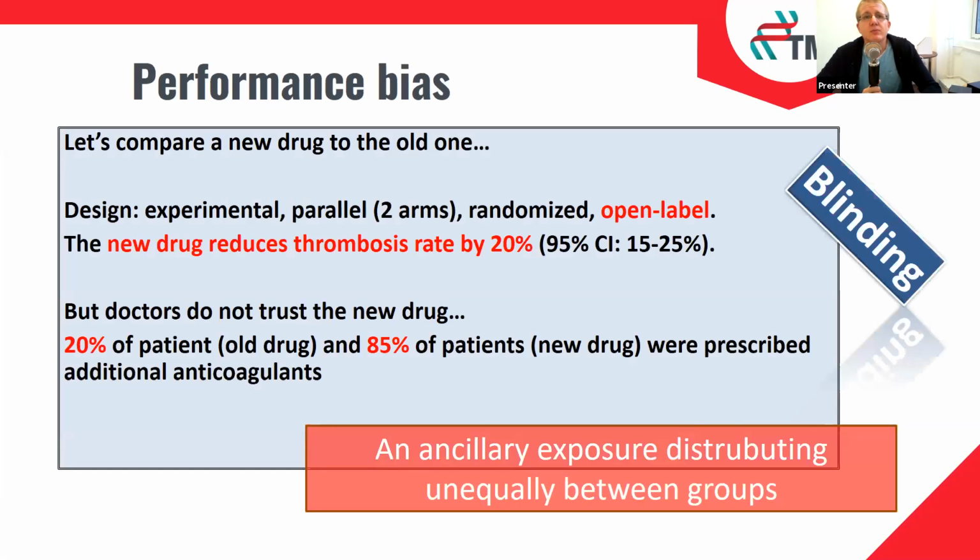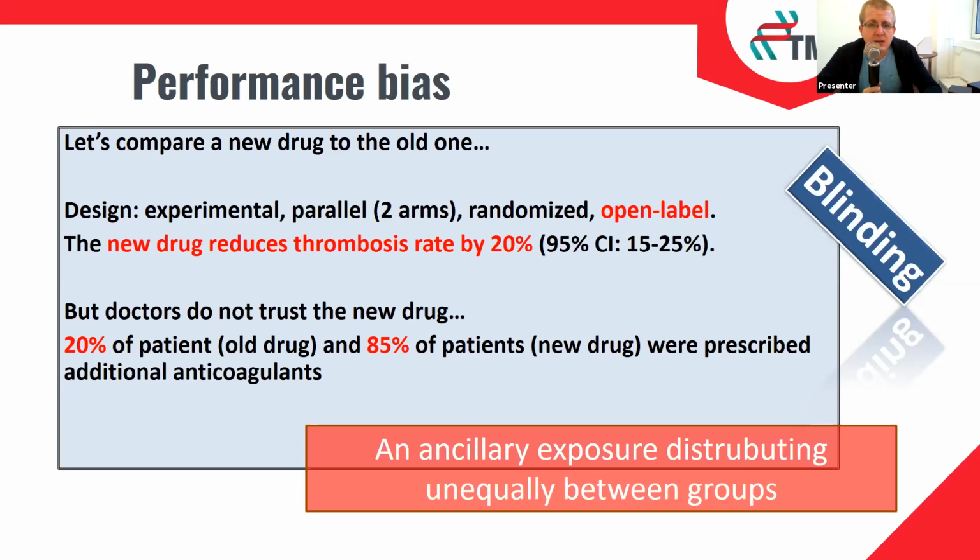Turning to another type of bias, let's talk about performance bias first. Let's have an ideal setting: a two-arm parallel experimental study, which is randomized and open label, so no one is blinded to anything. I want to test a hypothetical drug against another one, and I wonder if it can reduce the risk of thrombosis or not.